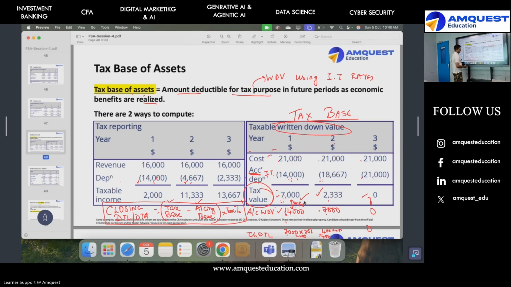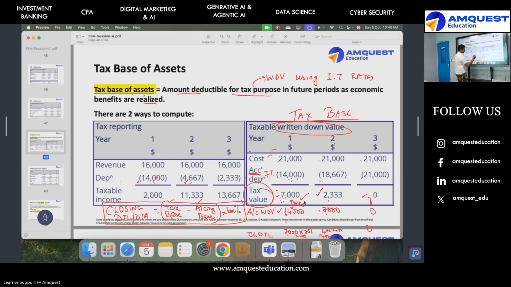Also closing DTA, DTL. Now you have to remember the logic I taught you yesterday. If the tax base is more, it's an asset. That means they gave you less depreciation. Less depreciation means more income. More income means more tax. So it's a deferred tax asset because they have charged you more. Cumulatively, less depreciation will be more income, and more tax to pay to the tax people in the future.